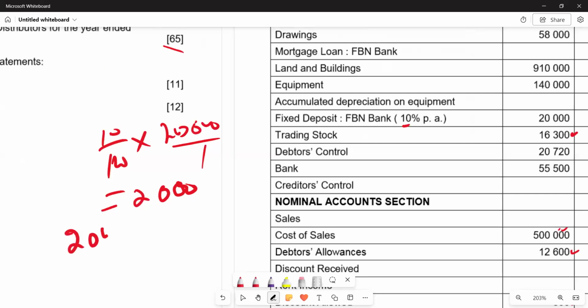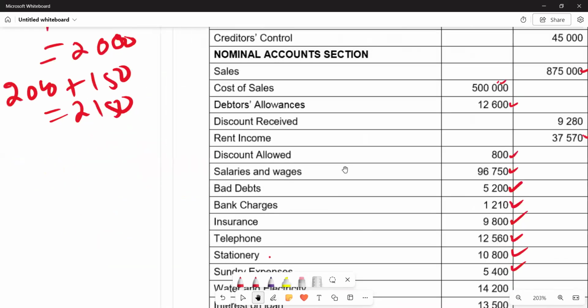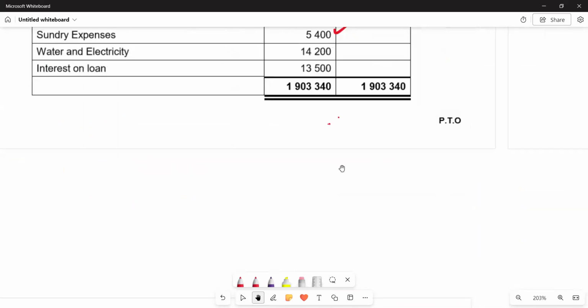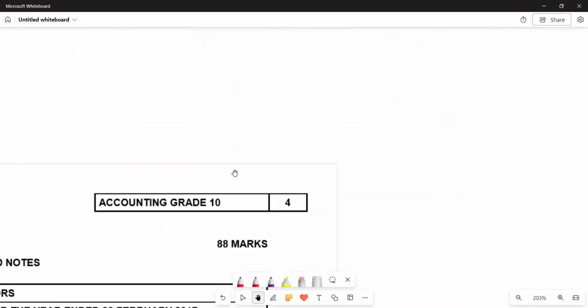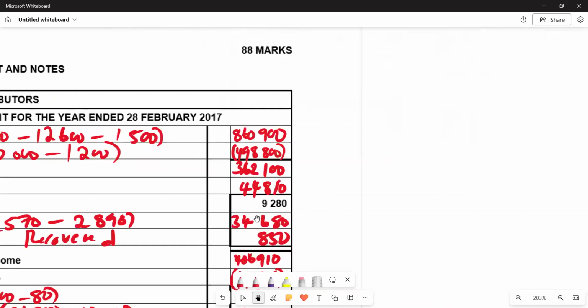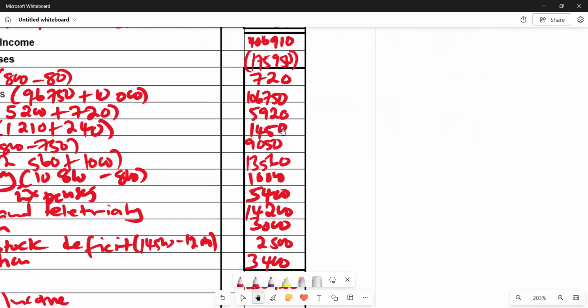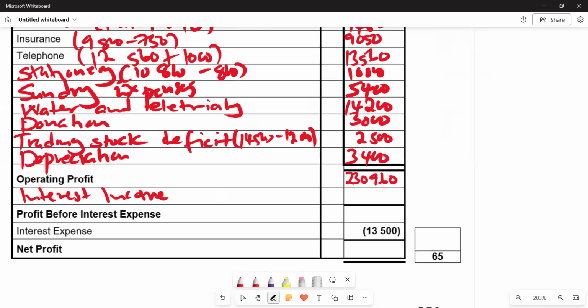So it's going to say 2,000 plus 150, and then we get 2,150. So we are just going to summarize that as our interest income, 2,000 plus 150, and we get 2,150. So this is what we have.